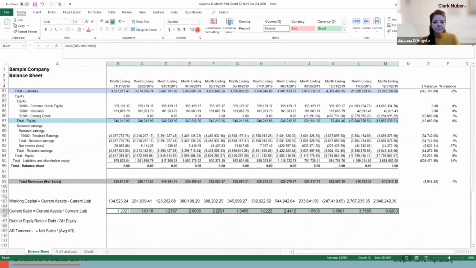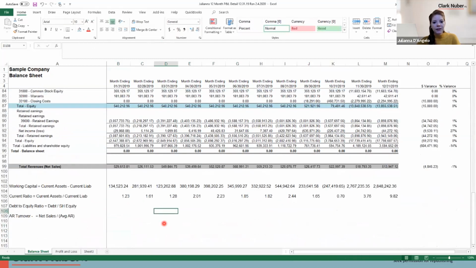There we go. So this is a good month. We have double the amount of assets to cover our liabilities. So that's a hopeful thing for sure.